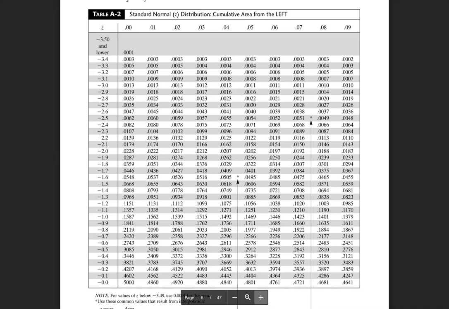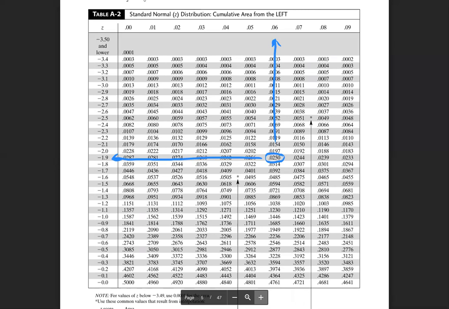And where is it? 0.025 right here. And it goes with negative 1.9 and goes to the top 0.06. So it should be negative 1.96. And that's how you find the value.